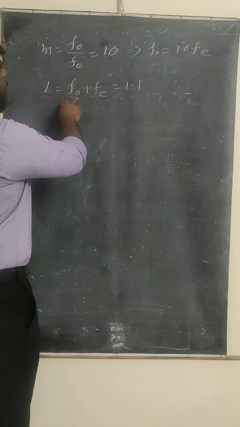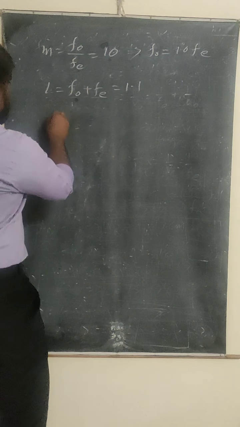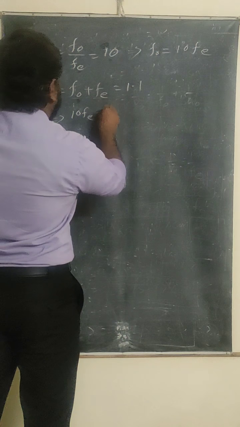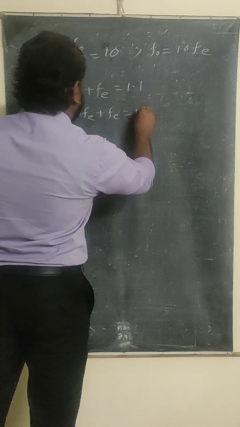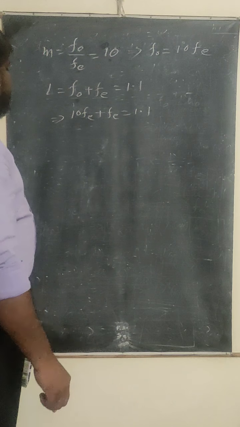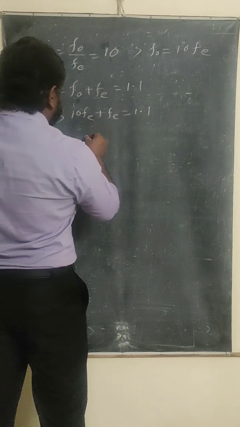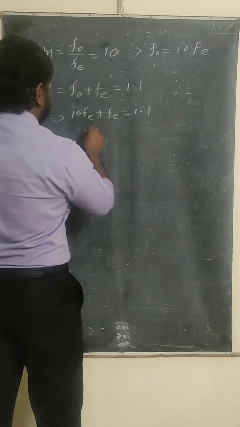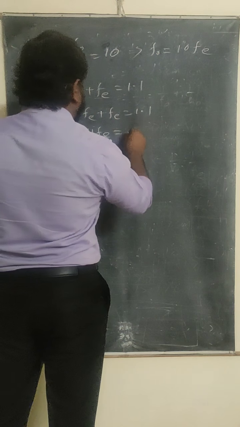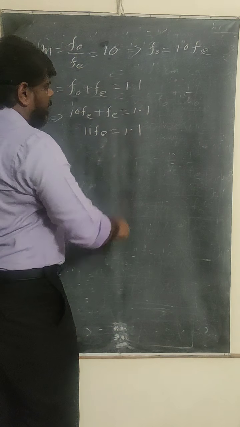So in place of F0, you can write 10 Fe. That gives 10 Fe plus Fe is equal to 1.1. Now 10 Fe plus Fe becomes 11 Fe, so 11 Fe is equal to 1.1.